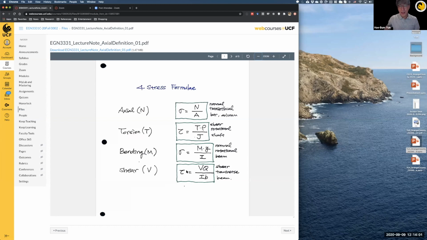So in this course, as I said, I keep repeating because this is very important, we're going to learn the 4 different types of forces, external forces, and those forces create 2 types of stress, sigma and tau, and depending on which type of force, we have 4 different stress formulas, which is very, very important.